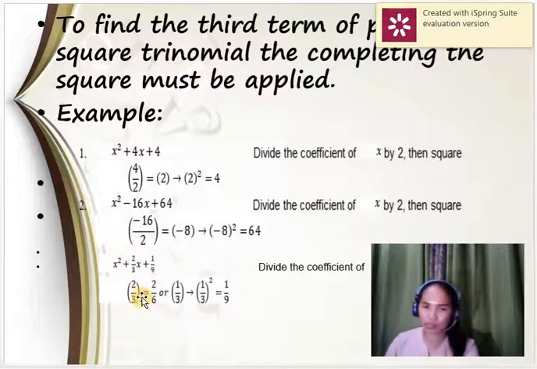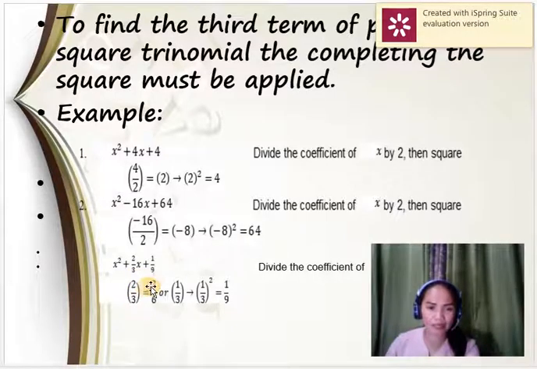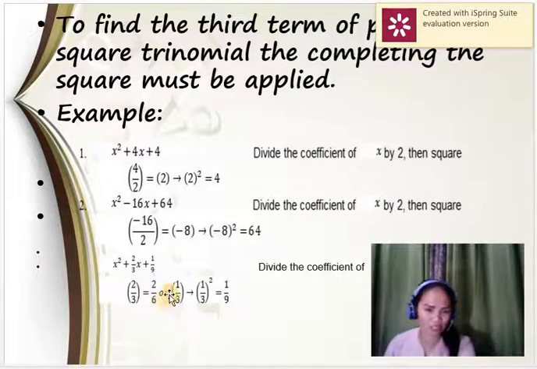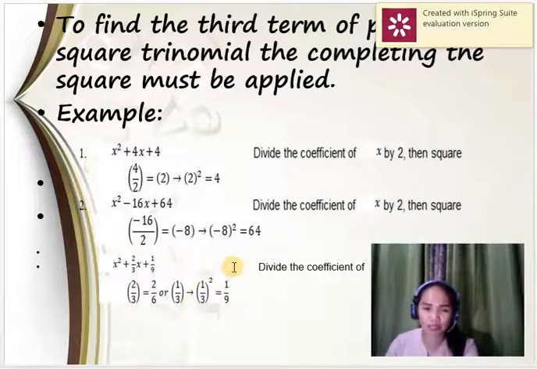When dividing fractions, you get the reciprocal of the denominator. The denominator is 2, so the reciprocal is 1/2, multiplied by 2/3 results in 2 over 6, or 1/3. Then the square of 1/3 is 1 over 9. It's like magic.